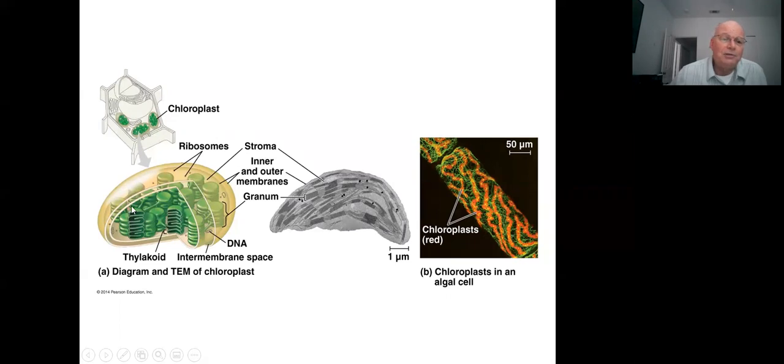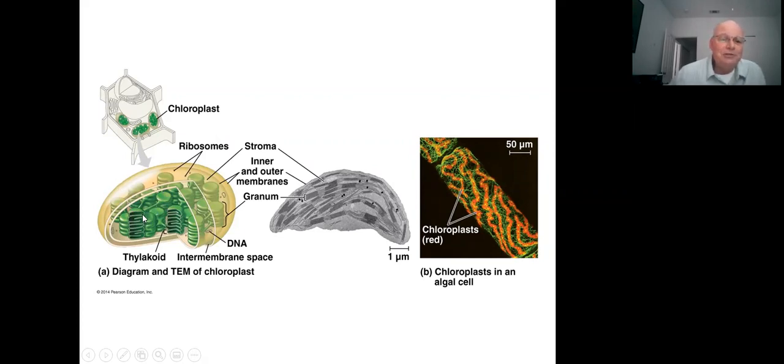So they are a series of discs called thylakoids. Each disc is connected to all of the other discs in these stacks. A stack is called a granum, the plural is grana. Each granum stack is connected to adjacent grana stacks by connecting membranes, often referred to as lamellae.